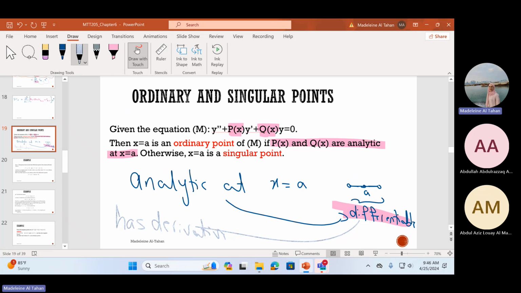Now, polynomials, do we have problems in them? They are differentiable everywhere, right? So they are analytic. If I have p of x and q of x in the exam as polynomials, will I go and check their derivatives and so on? No need, I will just say polynomials, they are analytic. Any questions?